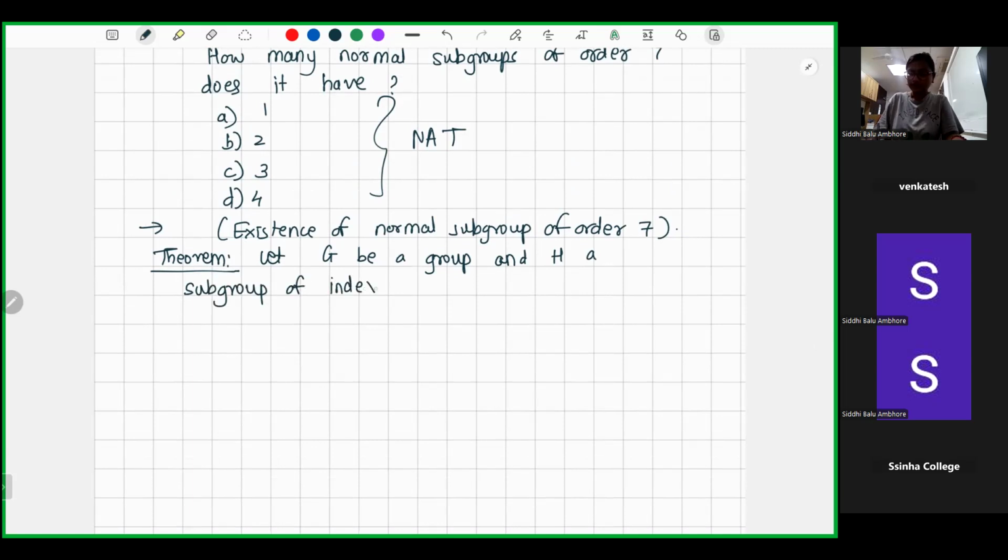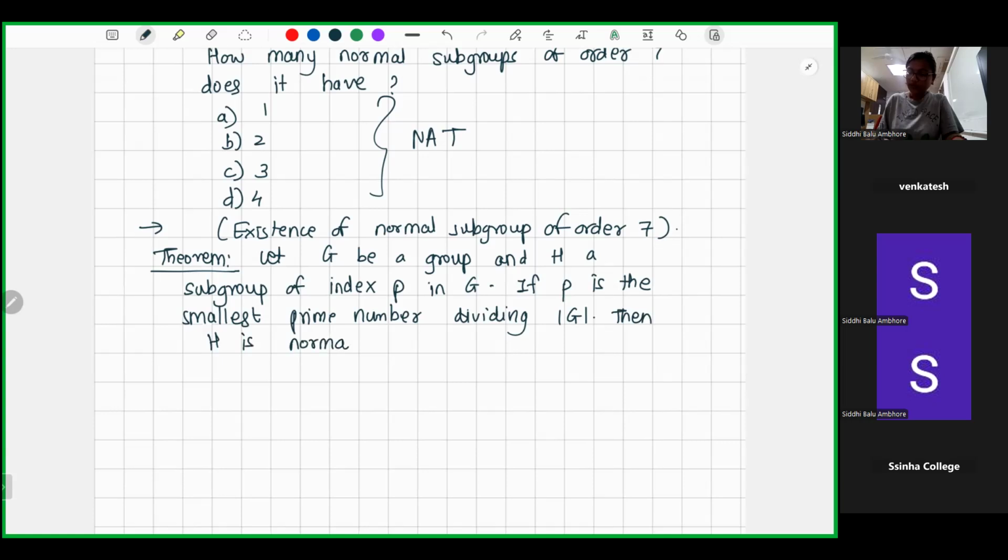Okay, so let H be a subgroup of index p in G. If p is the smallest prime number dividing the order of G, then H is normal in G. So they are not saying that if p is the smallest prime dividing the order of G and if I have a group of order that small p, I'm not talking about normality of that group.